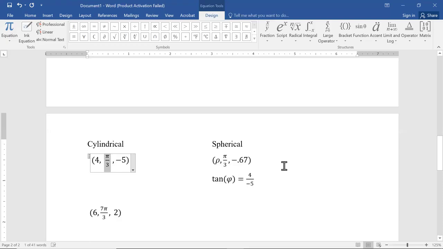We just have different bounds on what phi can be when I use tangent versus when I use cosine. And then my rho, like we said, rho squared is equal to r squared plus z squared. So r is 4, z is negative 5, so that's 16 plus 25. So rho is going to be the square root of 41.